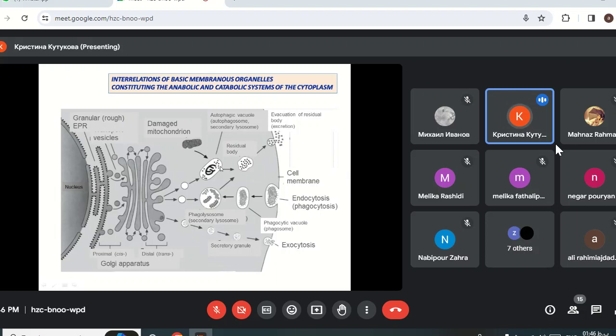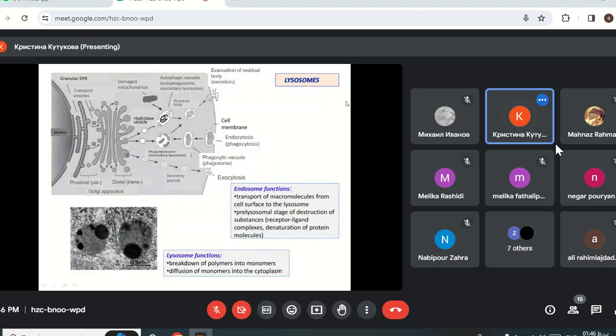And next, the same process, everything which can be utilized by the cell itself will go outside, some sugars, lipids and amino acids, and what cannot be broken down makes the residual body, which evacuates the non-digested particles outside from the cell. So in these processes, lysosomes play the major role.